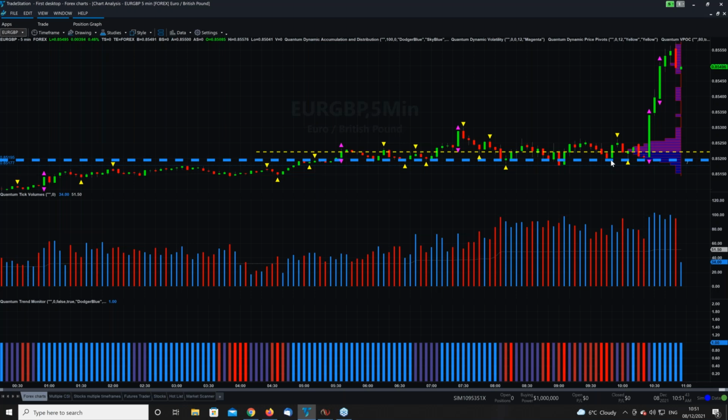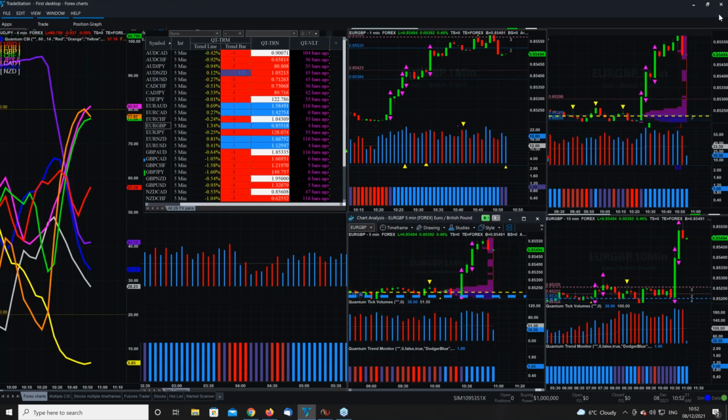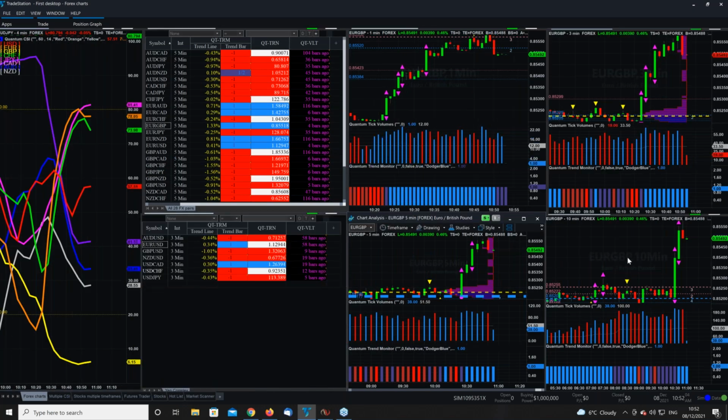So every time a level is built and tested and retested, it immediately thickens the line accordingly. So the greater the number of times that an area is tested and holds, the thicker becomes the line. So you get this wonderful visual representation of strength and weakness. Weak lines will be relatively thin, stronger lines will be relatively thick.